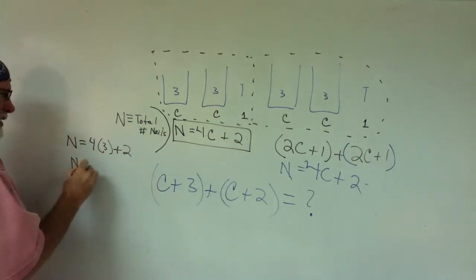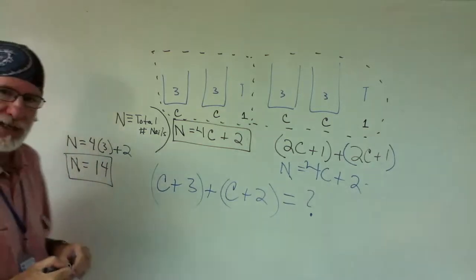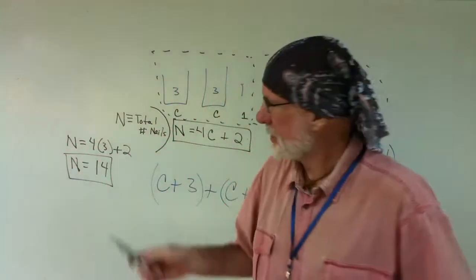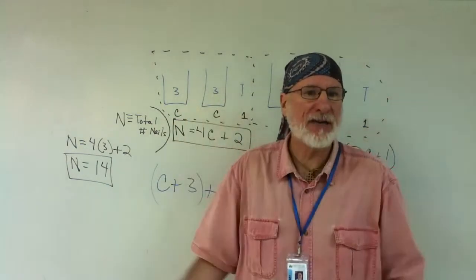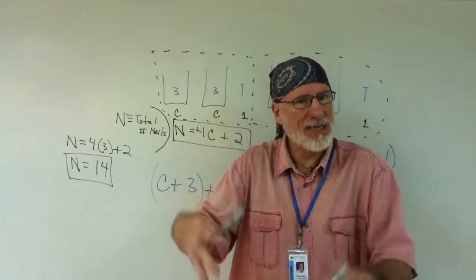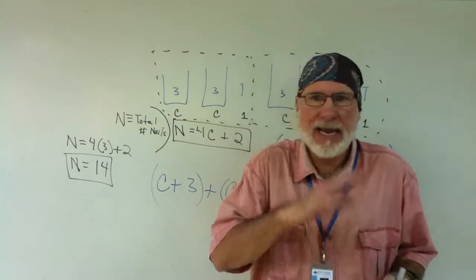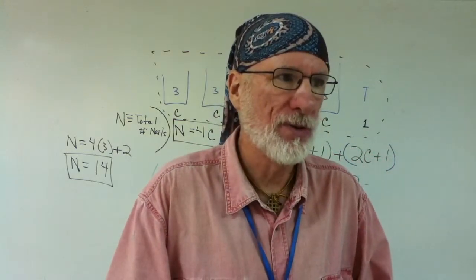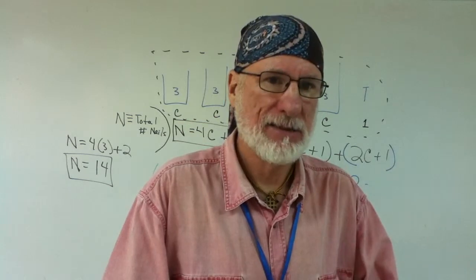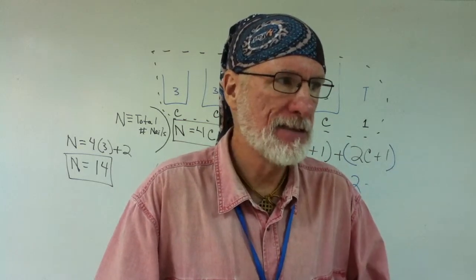So N equals 14. Do you see that? What does 3 represent? 3 is you're substituting that in for the variable C, aren't you? Does that make sense so far? I'm not asking you to take a test today. I'm simply asking you, does it make sense? Follow me. Mayan, does it make sense?